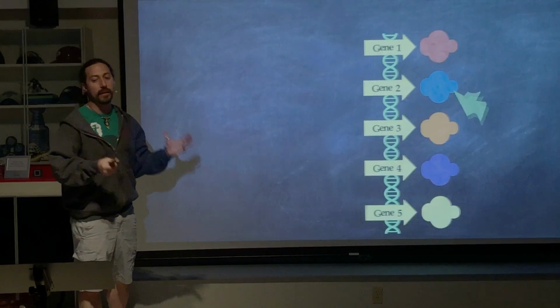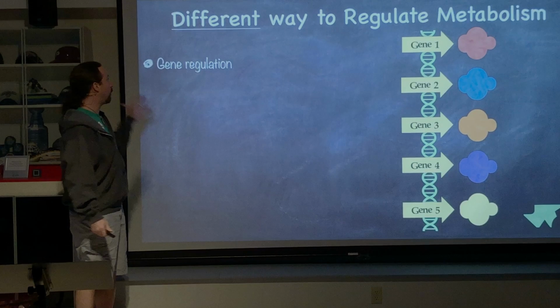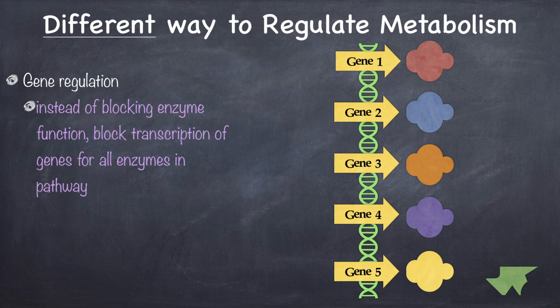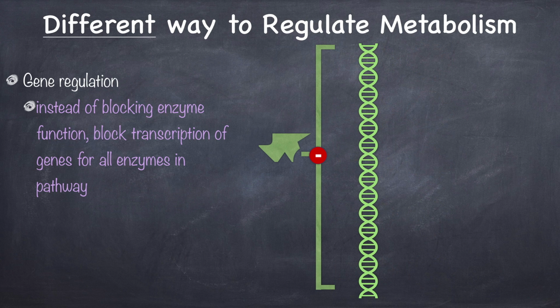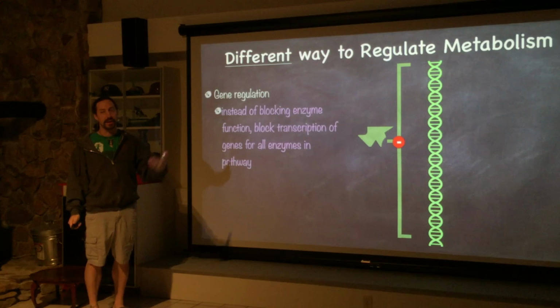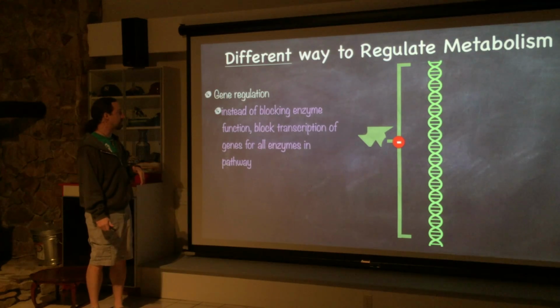So wouldn't it be even better if instead of building all of those enzymes, we were able to block building those enzymes in the first place? What if that product could cause inhibition straight through by stopping the transcription and stopping the translation of each of those genes?